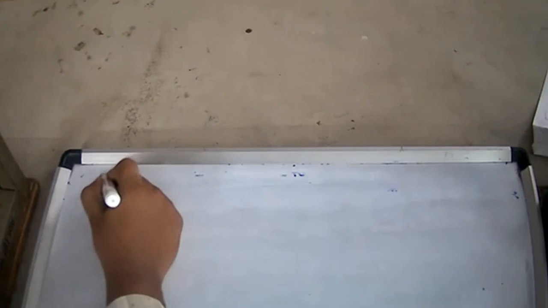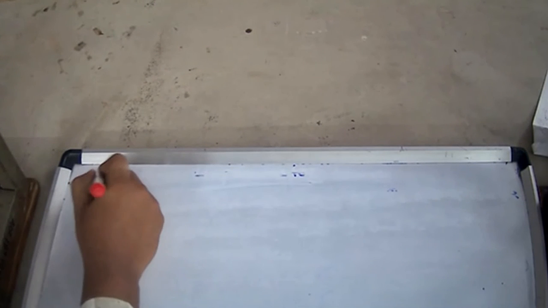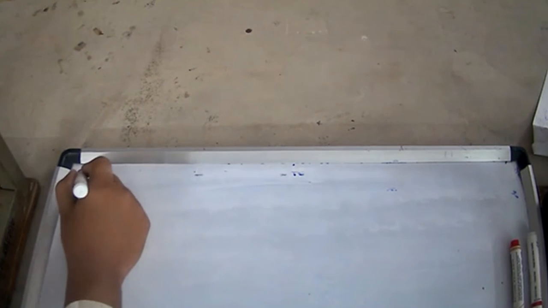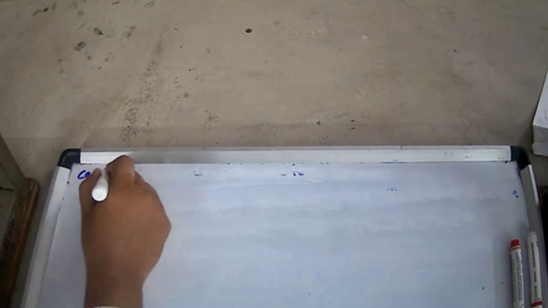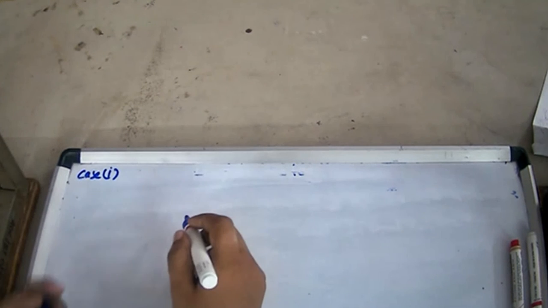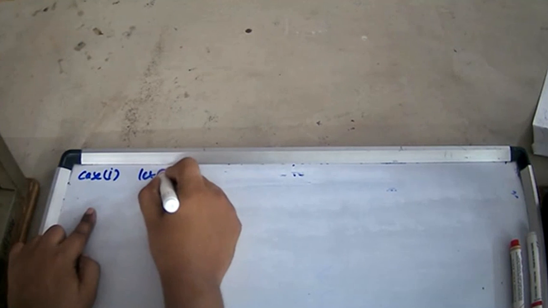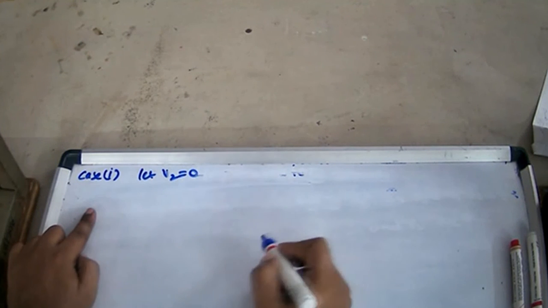Now let's go ahead with case 1. Case 1 will be saying let V2 is equal to 0.